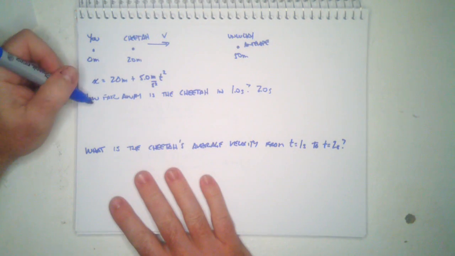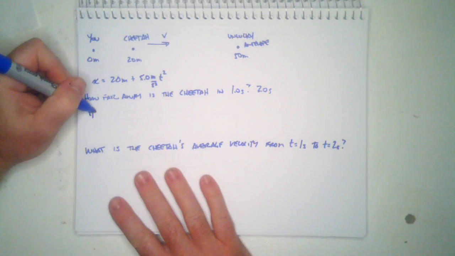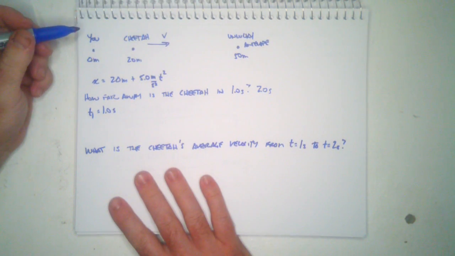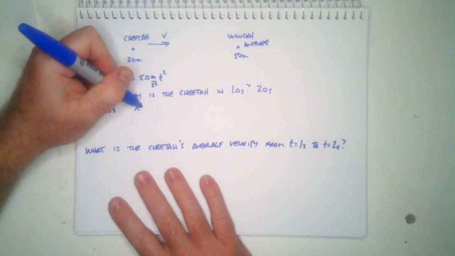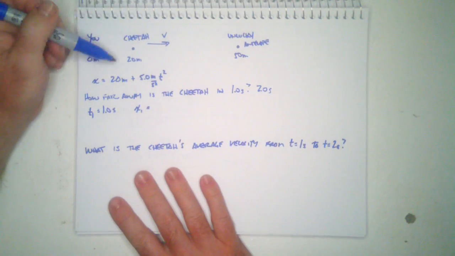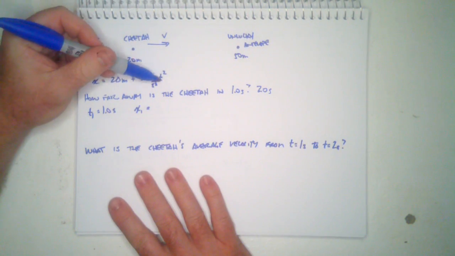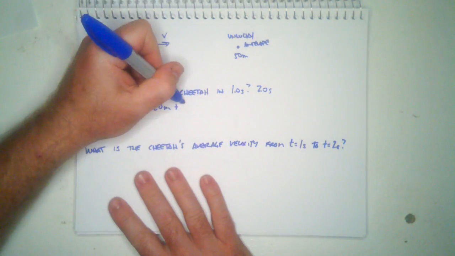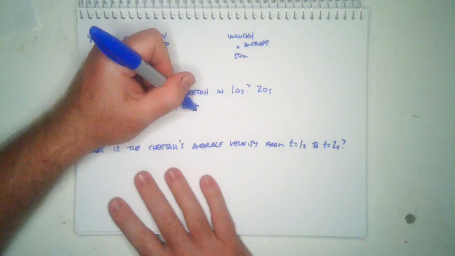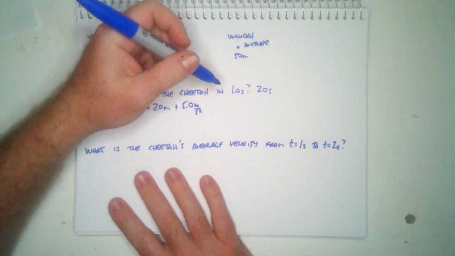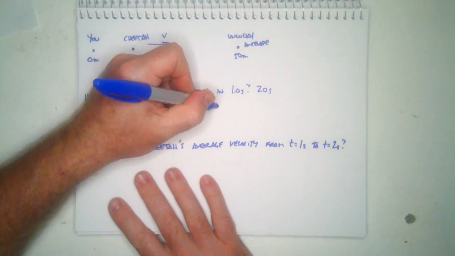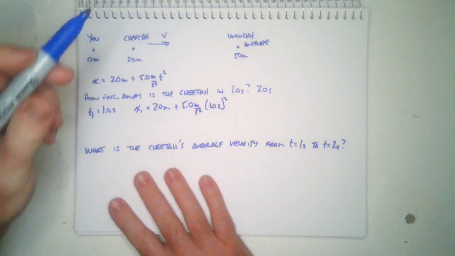So if we know that t1 equals 1.0 seconds, we then can reason that x1 equals whatever t1 is plugged into this function. So 20 meters plus 5.0 meters per second squared times 1.0 seconds squared.